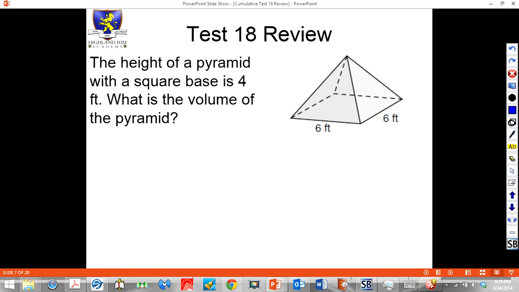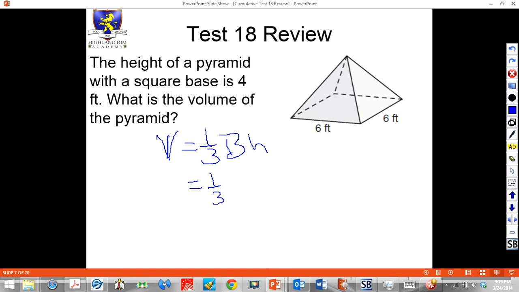The volume of the pyramid is equal to 1/3 the area of the base, times the height. So that's equal to 1/3 of 36, right?